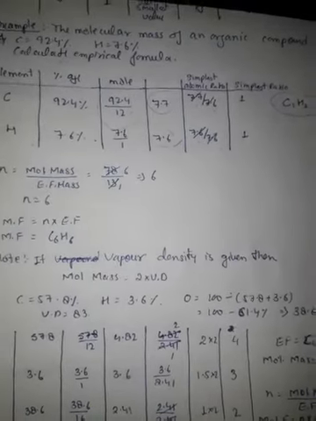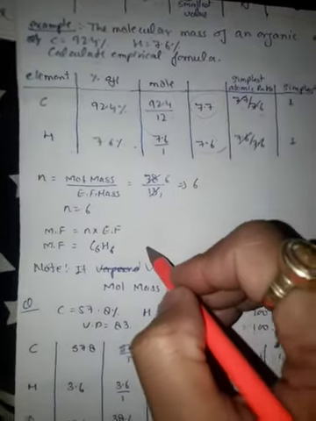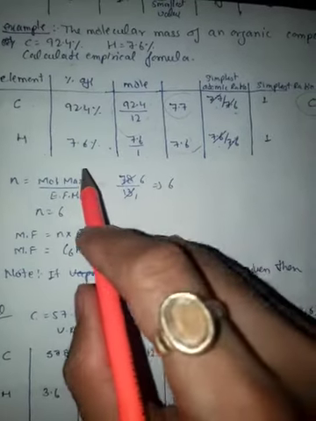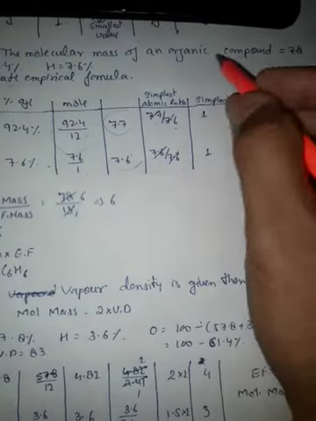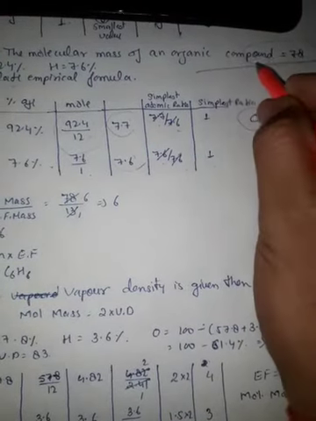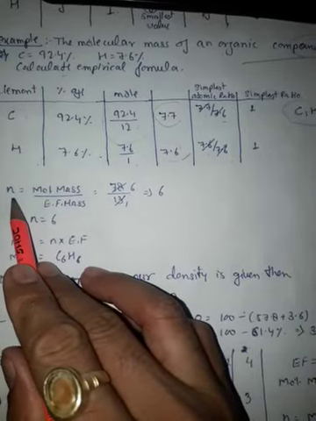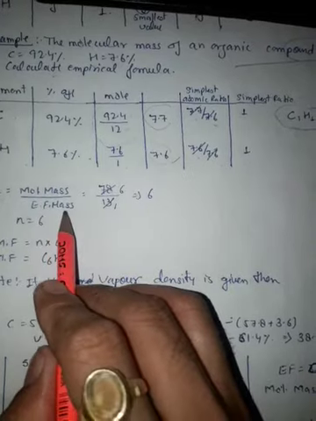Now here we have to calculate the molecular mass. It is given that the molecular mass of the compound is 78. So we have to calculate the number of moles, n equals molecular mass upon empirical formula mass.